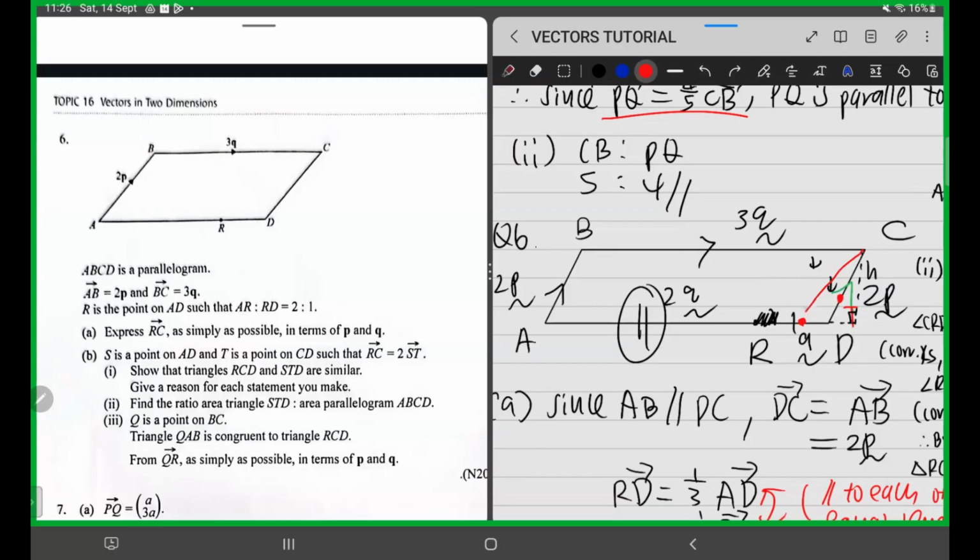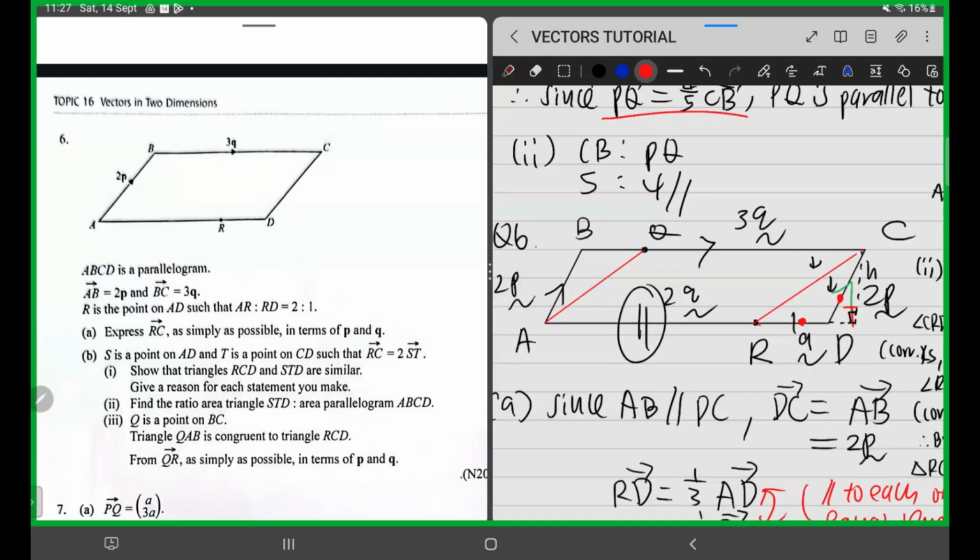So this is RCD, and then you have Q. Q is a point on BC, where QAB. Okay, so probably Q is somewhere over here. This is Q. Then here is, yeah, where QAB and RCD are congruent. So form QR as simply as possible.